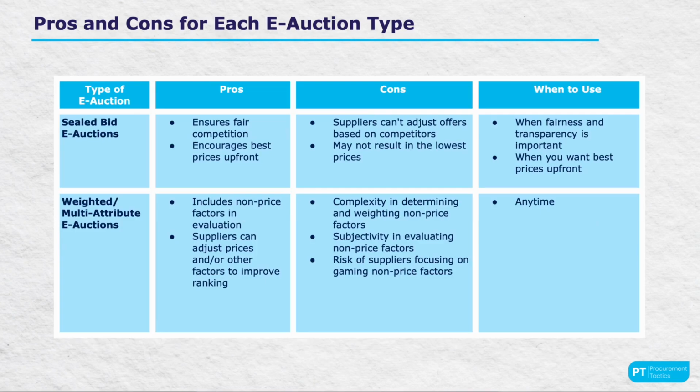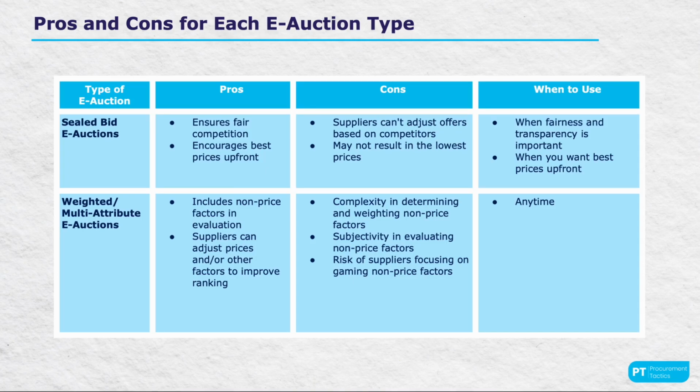Next one is the sealed bid e-auction type, which ensures fair competition and encourages best prices up front. Meanwhile, the bad sides of it is that the suppliers can't adjust offers based on competitors and it may not result in the lowest prices. When to use it? When fairness and transparency are very important and when you want the best prices up front.